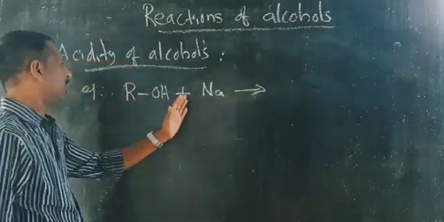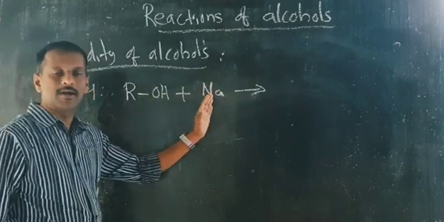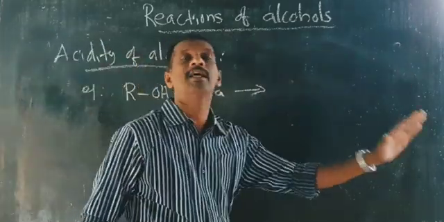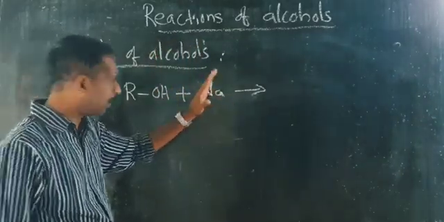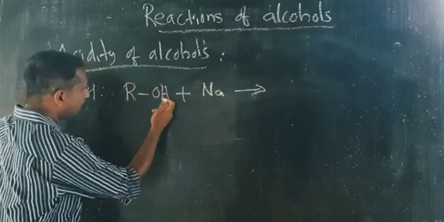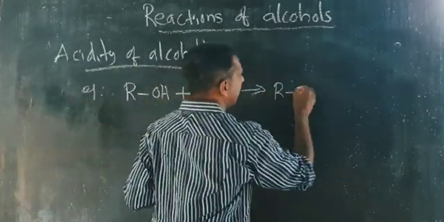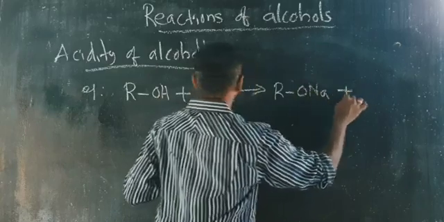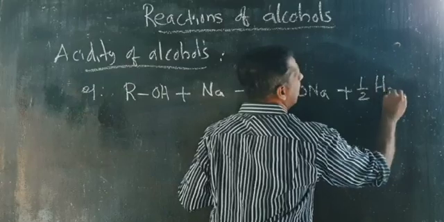We know that when an acid reacts with a metal, what will form? Salt plus hydrogen. Similarly, when alcohol reacts with sodium metal, we get RONa, the sodium salt of this alcohol, plus H. In a balanced form we can write it as half H2.